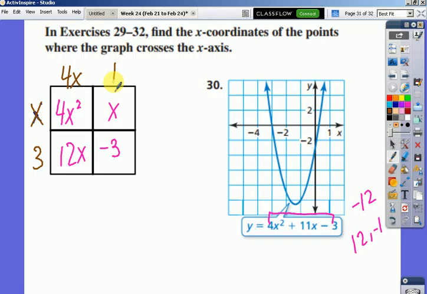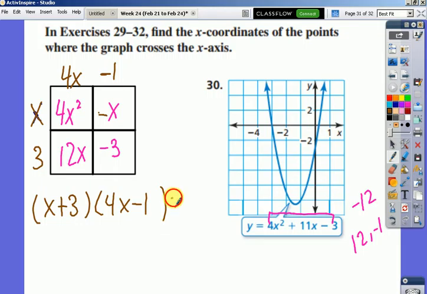Ooh, wait, I should have a negative, right? Wouldn't that be a minus x? So that should be a negative 1. Yeah. So, x plus 3 times 4x minus 1. 4x squared minus x plus 12x minus 3. Yeah, that'll work.